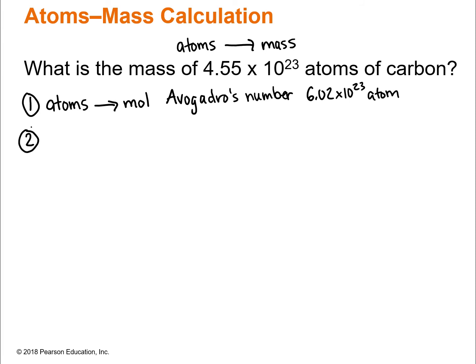The second part, we have to take those moles and get to mass. Now we just did that. What do we have to use to get from moles to mass? The hint is there's mass in the name of it.